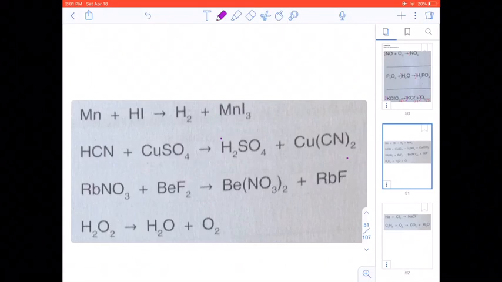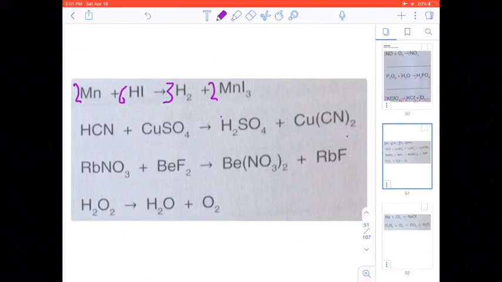So in order to balance that, we have 2 Mn, and then 6HI, which gives us 3H2 and 2MnI3. So you have 2 Mn, 6 iodines on the left and 6 iodines on the right, and 6 hydrogens on the right and 6 hydrogens on the left.